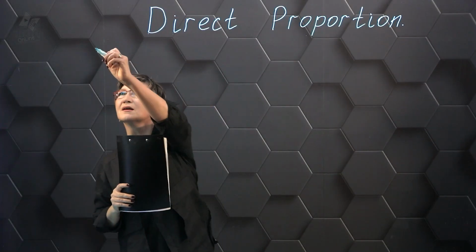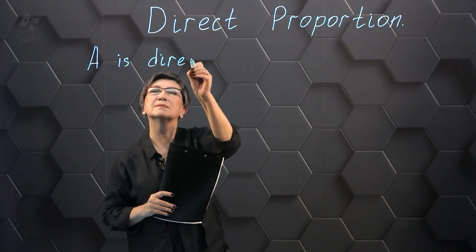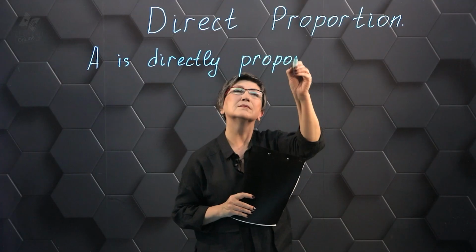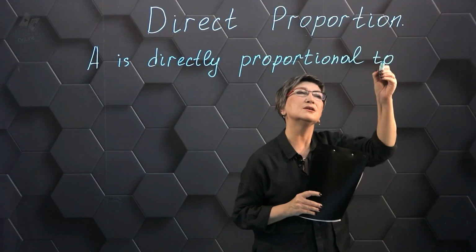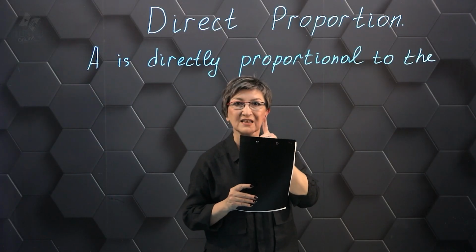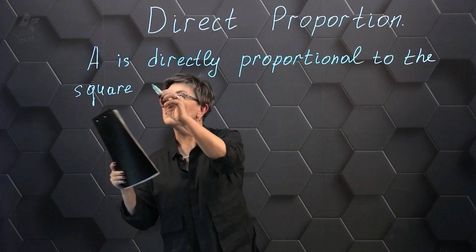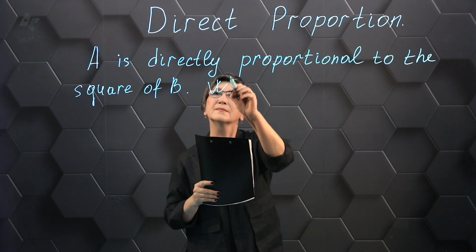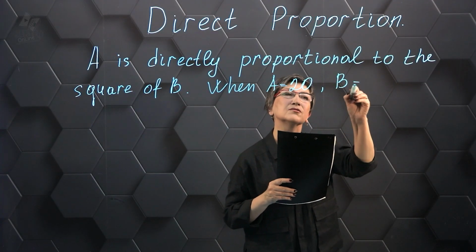Let's write down the condition. The value of A is directly proportional, not to the value of B, but to the square of B. A condition is given where A equals 20, B is 2.